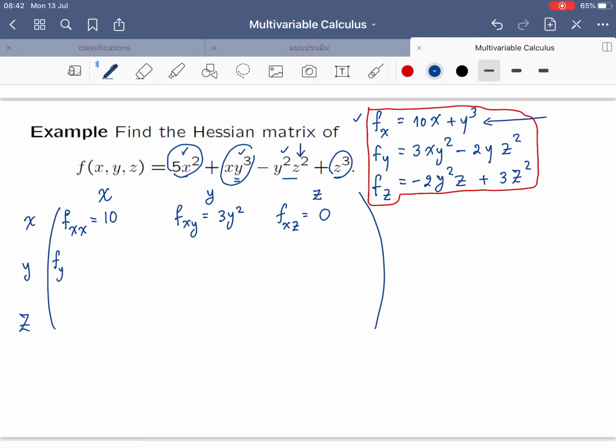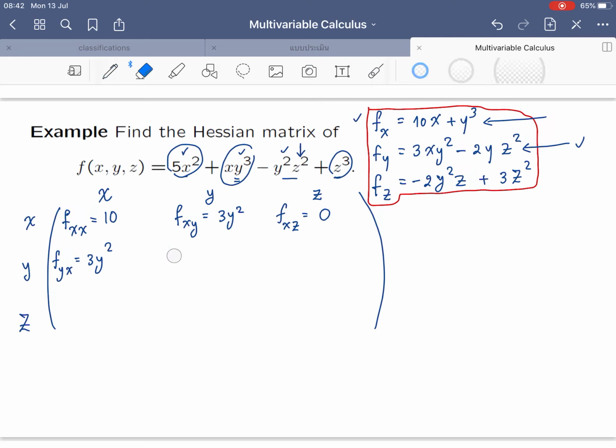Now if you're looking at this one, f sub y, and then continue by x, it means that right now you concentrate on this second row. F sub y, and then continue with respect to x, so you have 3y squared. How about f sub y and then continue with respect to y, so you have 2 terms, right?